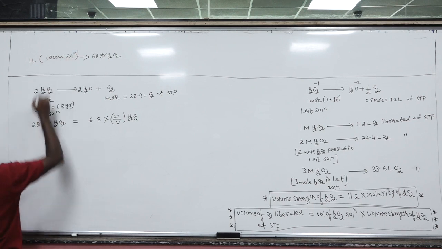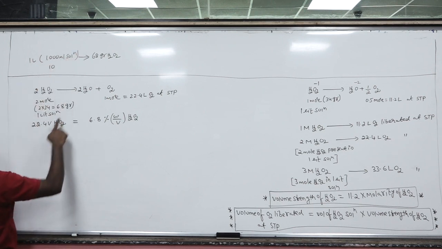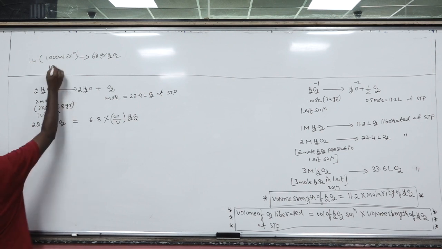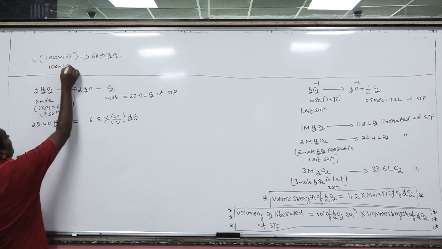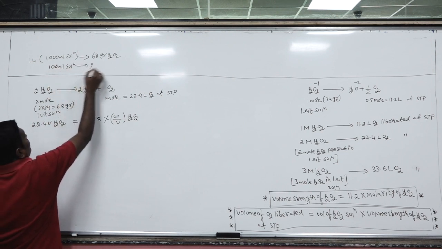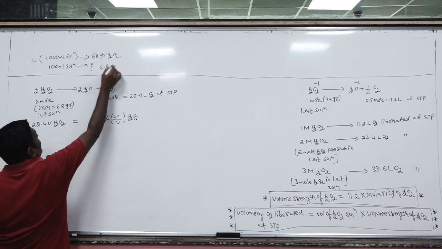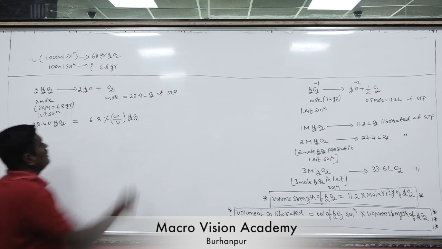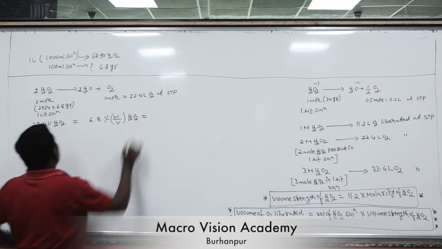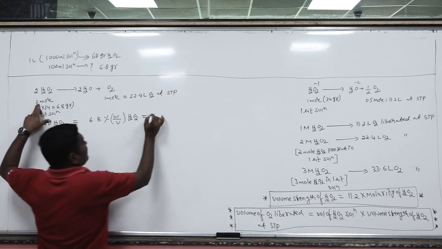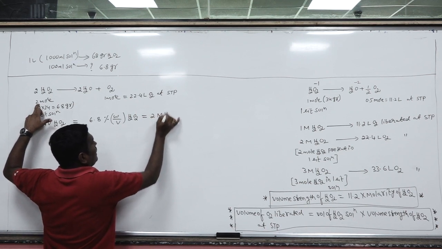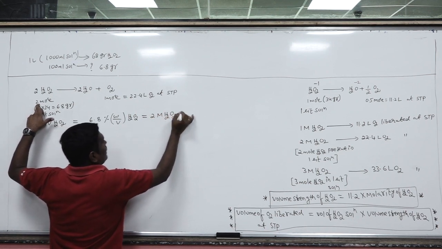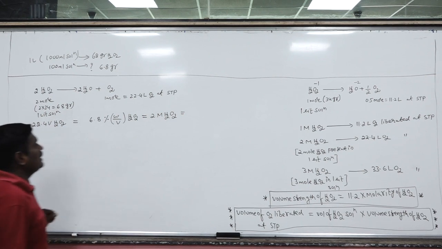Okay? Now, percentage is always calculated per 100 ml solution. In 100 ml solution, how much H2O2 will be present? 6.8 grams. So 6.8 grams in 100 ml solution. What is the molarity here? 2 molar, because 2 moles of solute per liter solution. Okay? Now, normality is double the molarity.